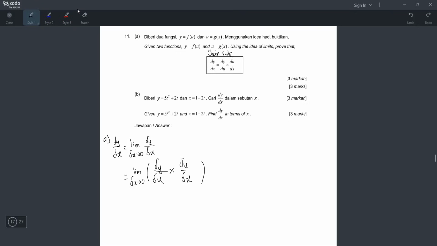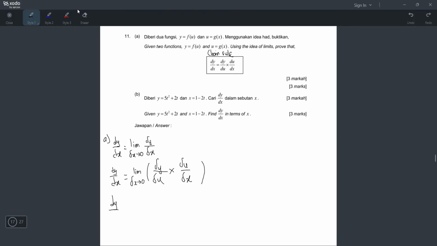The reason why is because all of these are small changes, so they are just numbers, right? And these two can cancel, and you are left with delta y over delta x, which is the same as this. So that's why I can do it like this, and the other side is still dy/dx.